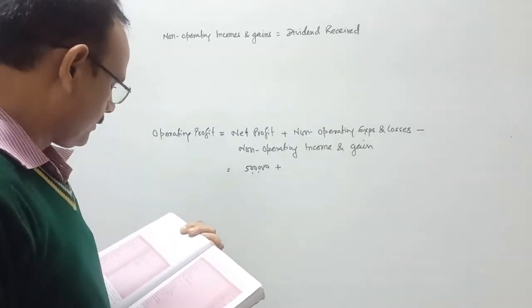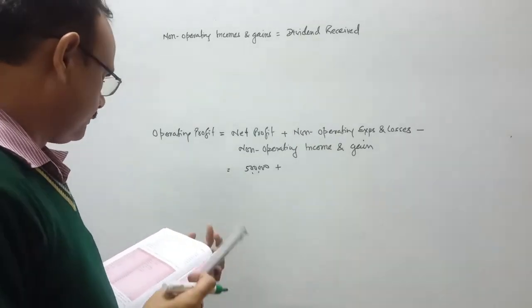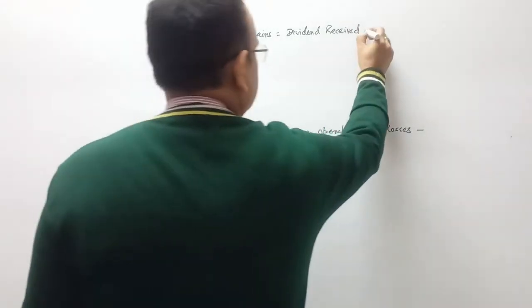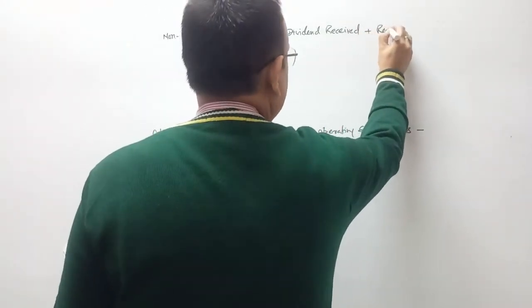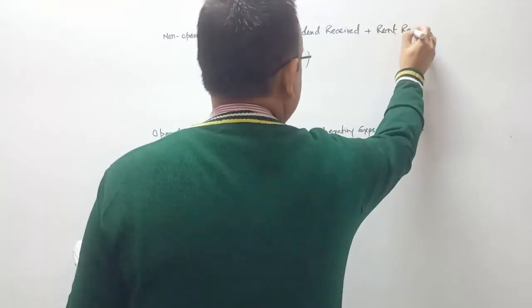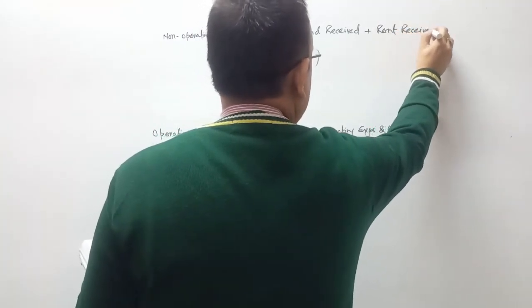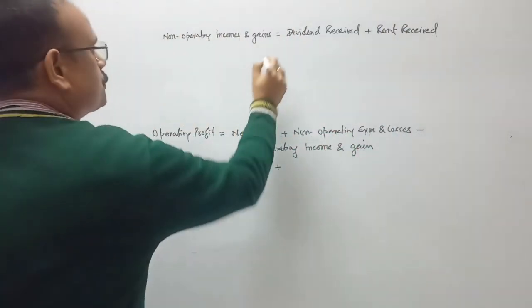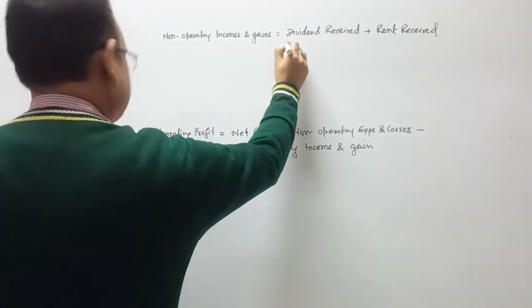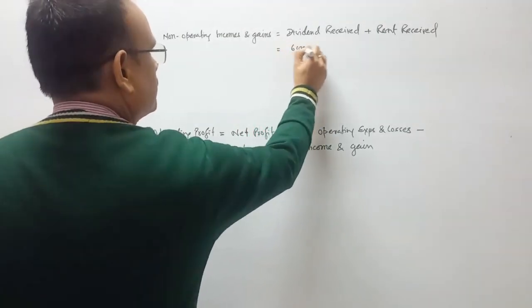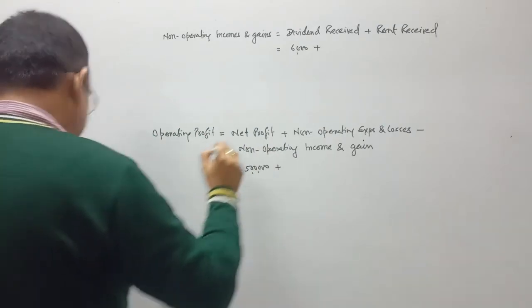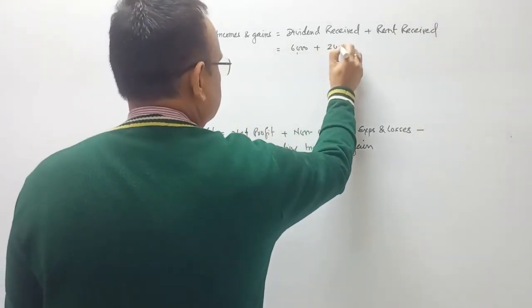Other non-operating income is rent received. Rent received is also a non-operating income. So dividend received is 6,000 plus rent received is 24,000.